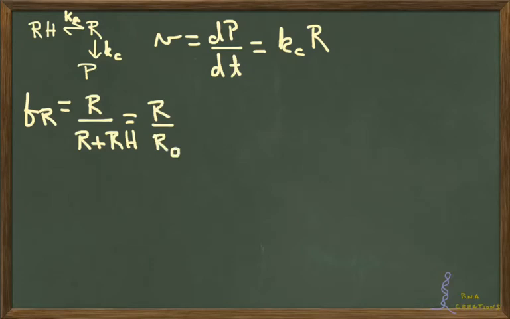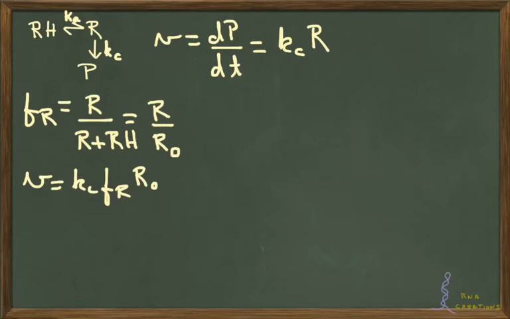Over R naught. And then solve for R and substitute it into the above equation to give that the velocity is equal to Kc times Fr times R naught. Okay.